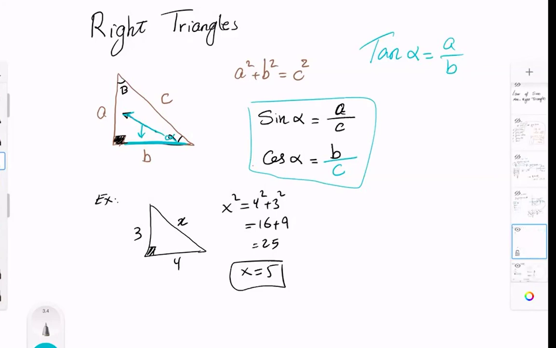Let's have some examples. I give you a right triangle. A equals 8, B equals 15, and this is C. That is theta. Usually they ask us to solve a triangle.